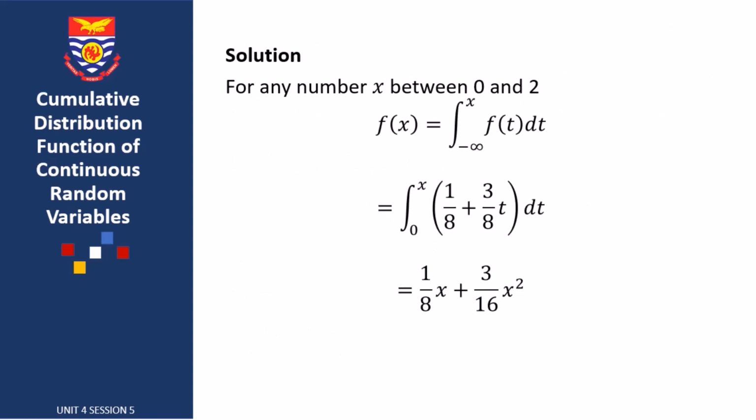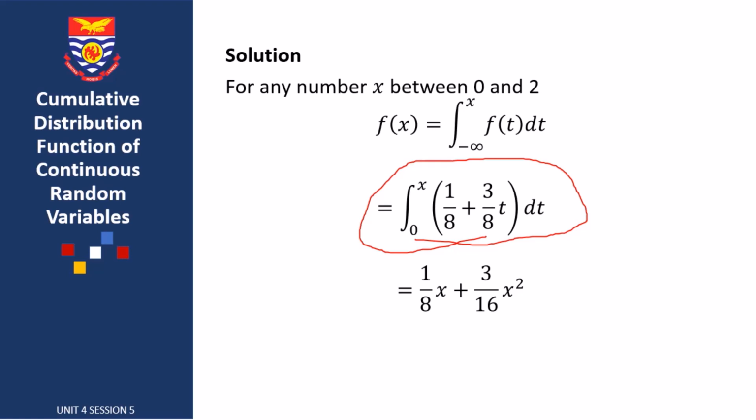Solution. For any number x between 0 and 2, we integrate the function from 0 to x with respect to t, by changing the variable x to t and giving x as the limit.